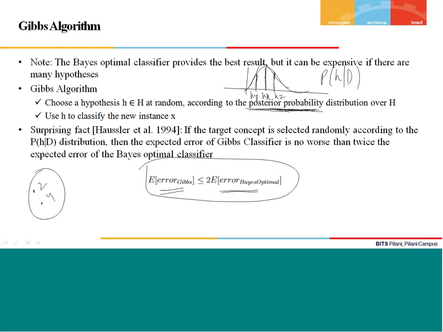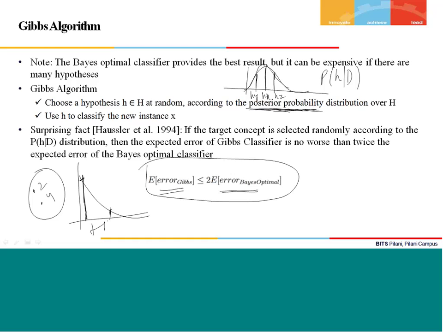You choose according to their probability, right? This is the probability distribution that the H space is following, and this hypothesis has the maximum likelihood. So the probability of choosing this hypothesis is more than the probability of choosing that one, because you are choosing at random according to the distribution.